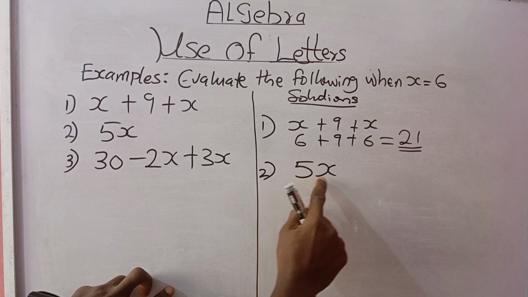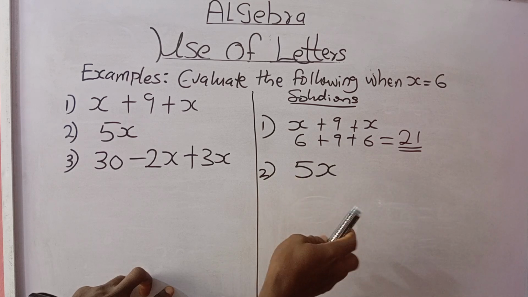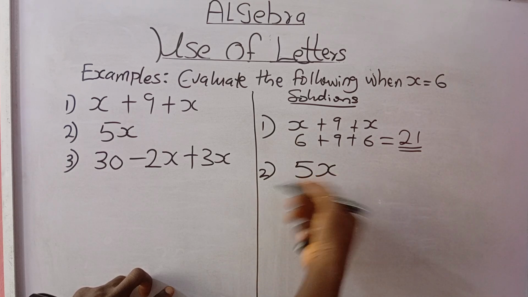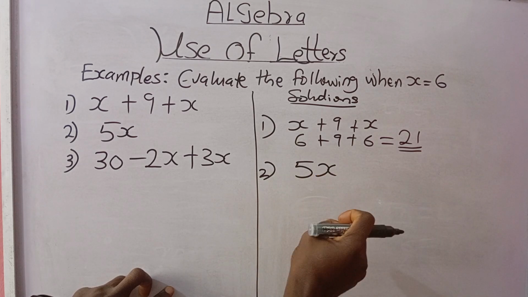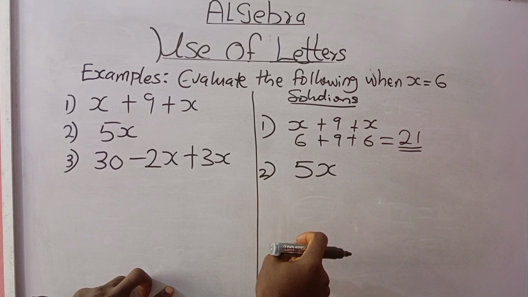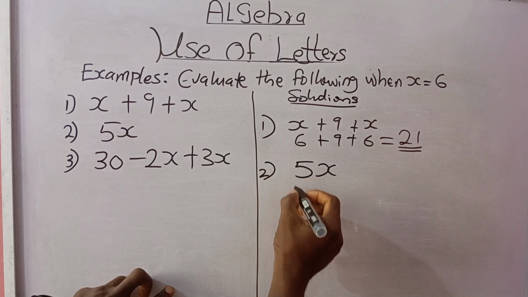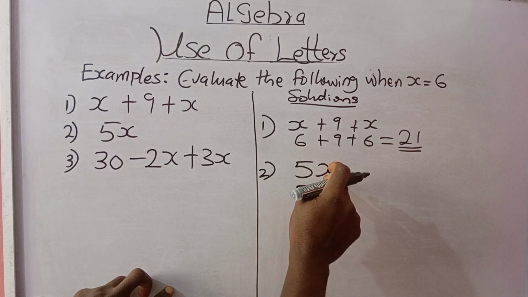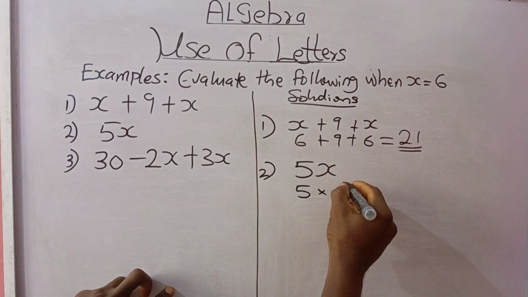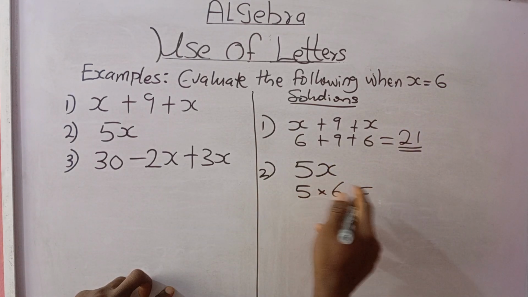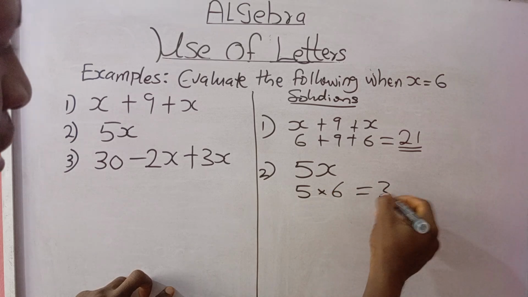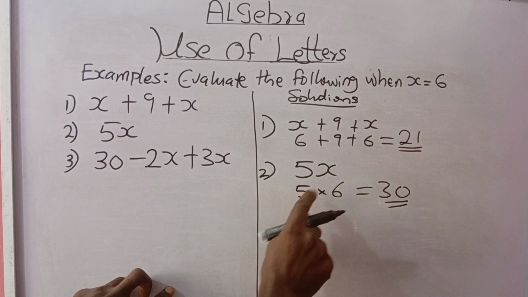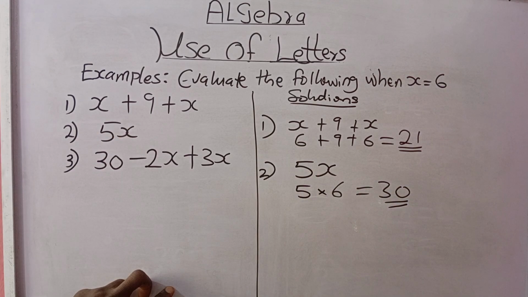Because when you say 5 times x, that would still give us 5x. So it's in the form of multiplication, not just writing the numbers side by side. That means 5 multiplied by, in place of x, 6. So in this instance, the answer becomes 30. So 30 is the answer to number 2.